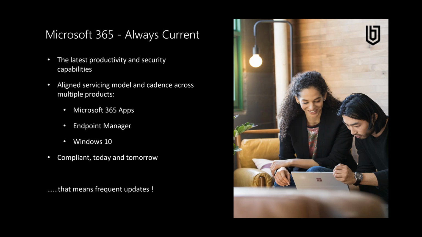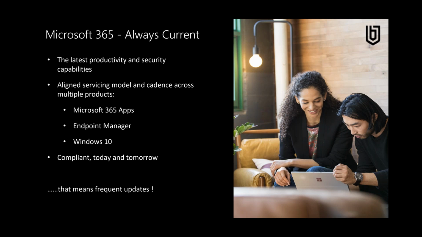Depending on how familiar you are, Microsoft 365 is essentially an always-current product suite, comprising Office apps and Office Online, Exchange Online, EMS, so Intune, Endpoint Manager, and of course Windows. All of those have a pretty rapid update process.